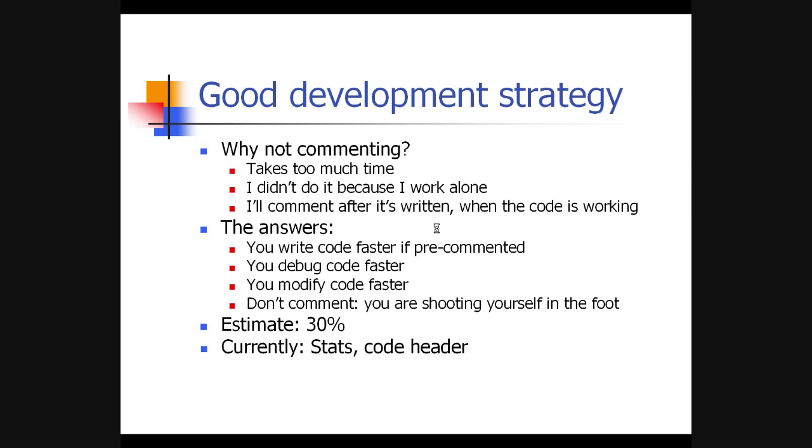You have the stats about the code, and you have the code header that is available in each procedure, and that you should use because it's giving you help when you are writing code, calling your procedure. It's displaying your comment about the parameters and all these kinds of things. So it really helps you a lot to use your own code.